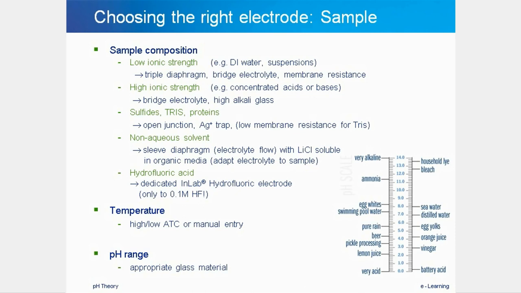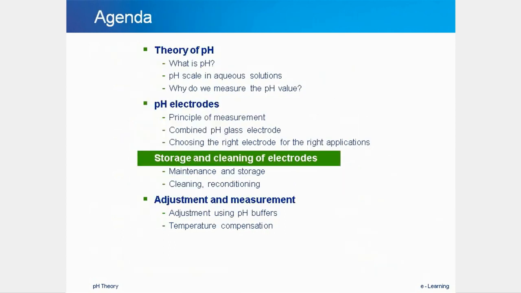Samples with non-aqueous solvents need a special electrode with a sleeve diaphragm and high electrolyte flow. For hydrofluoric acid, a purpose-built electrode is needed, the InLab 429, which can measure solutions of hydrofluoric acid up to 0.1 molar concentrations. Does the customer want to measure temperature with the electrodes as well, and what is the pH range they are interested in?